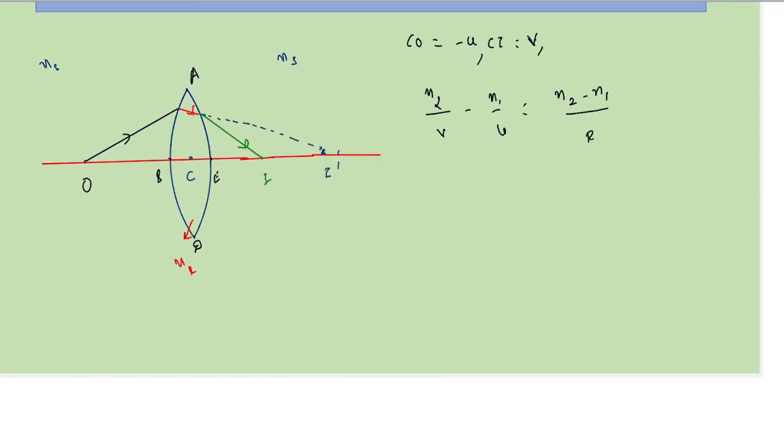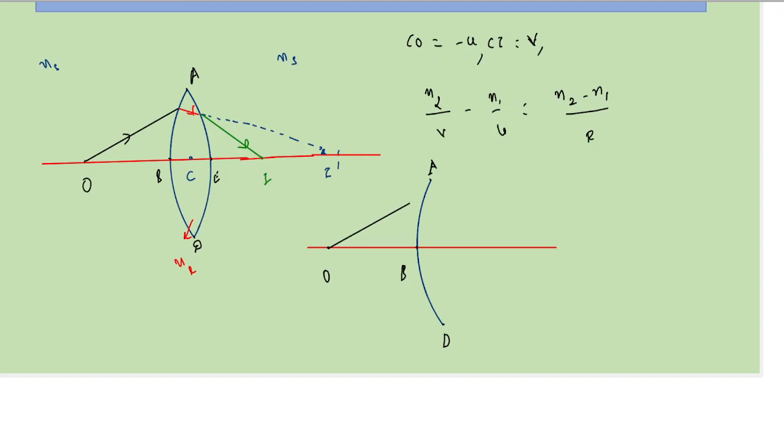Now with this in mind, we look at the first surface. For the surface A, B, D, somewhere here an object is placed.